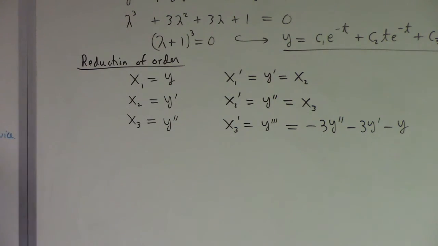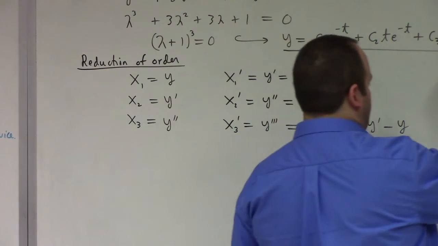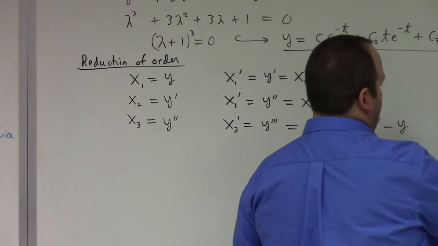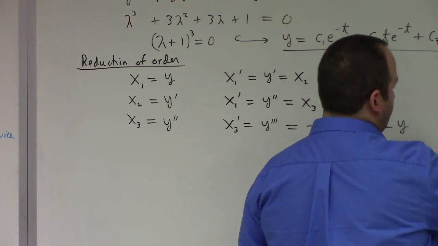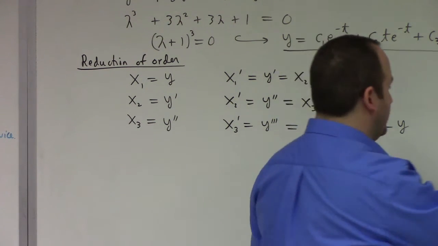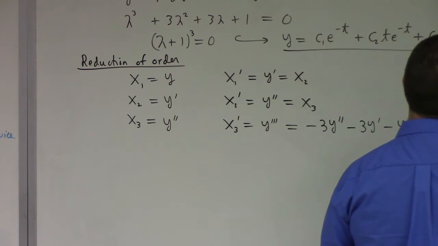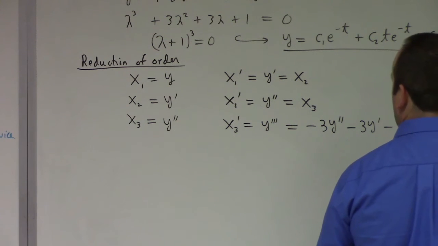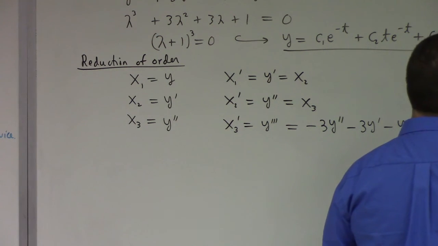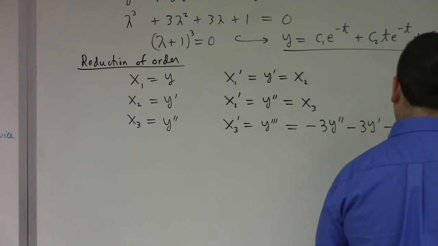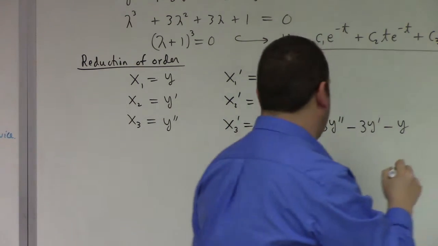If you've studied chapter 7, you should be starting to have a nagging sense of deja vu here. Let me make it more explicit. If you rewrite this as a matrix, you've got x1, x2, x3 prime equals to what? 0, 1, 0, 0, 0, 1, and, oh, sorry, one more step.